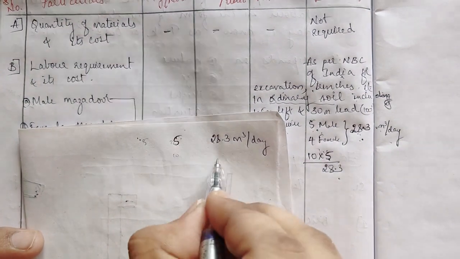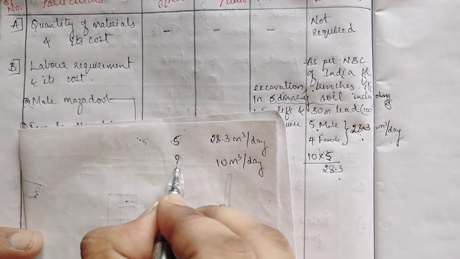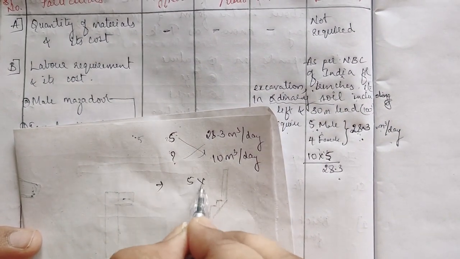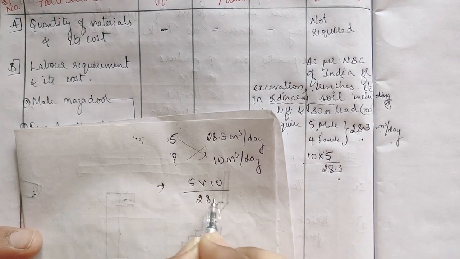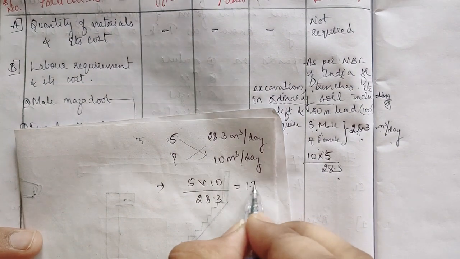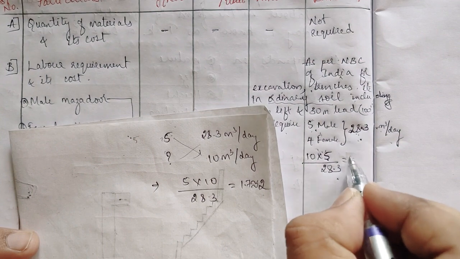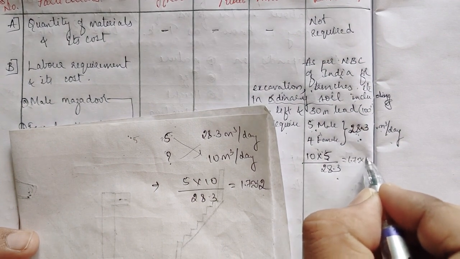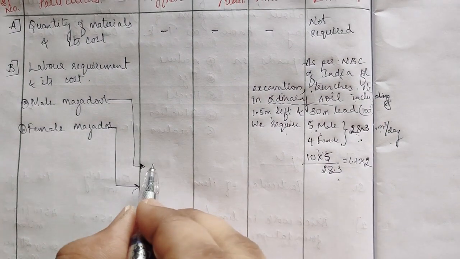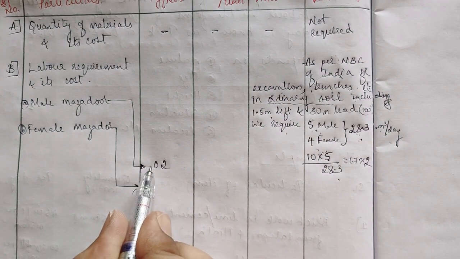What we assumed is 10 meter cube per day. Then how many male mazdoors do we need? Just cross multiply, that is 5 into 10 divided by 28.3. You will get around 1.7, which is approximately equal to 2. So now I'll write quantity or numbers, that is I require 2 male mazdoors.